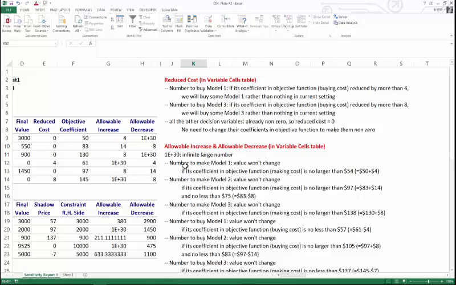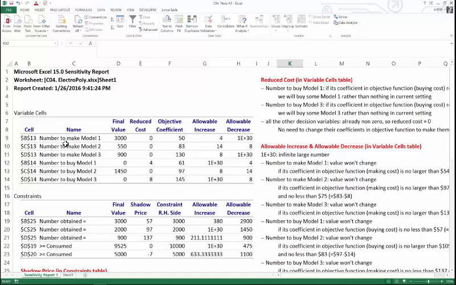Okay, now let's look at allowable increase and allowable decrease. Its explanation is exactly like the example we have seen before. The only thing I want to point out is, please notice, in here you will see this 1e plus 30. What does that mean? That means an infinitely large number. If we take this first line as the explanation, number to make for model 1, the allowable decrease is an infinitely large number. What does that mean?